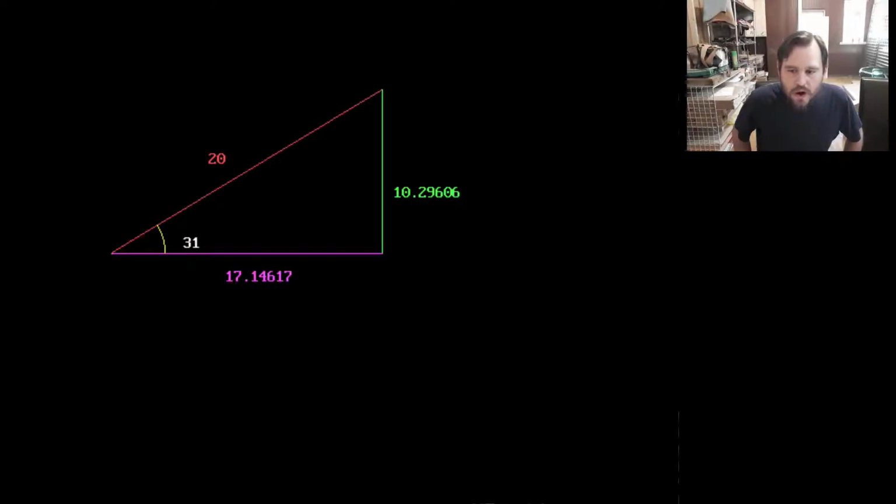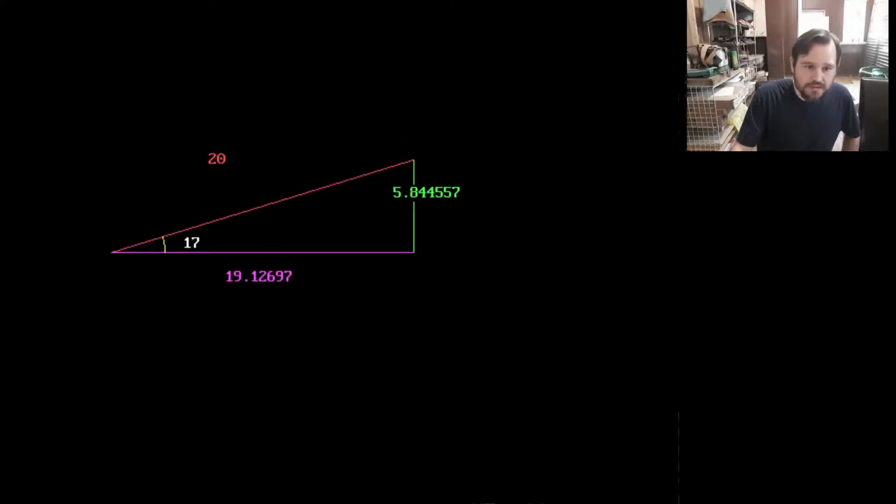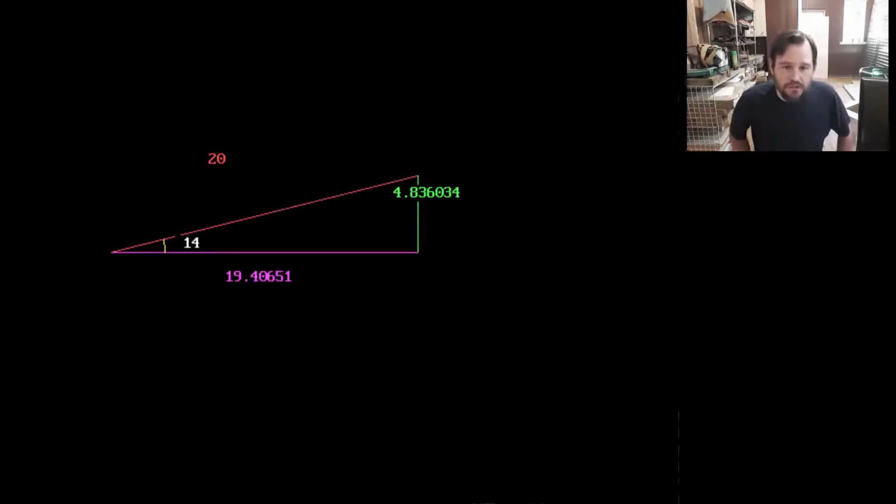And so, I mean, we can have a little bit of fun with this as I move my paddle closer to the horizontal. You can see my angle is decreasing. The hypotenuse, the red line, is staying the same length, but the components of that line and that angle are very different.